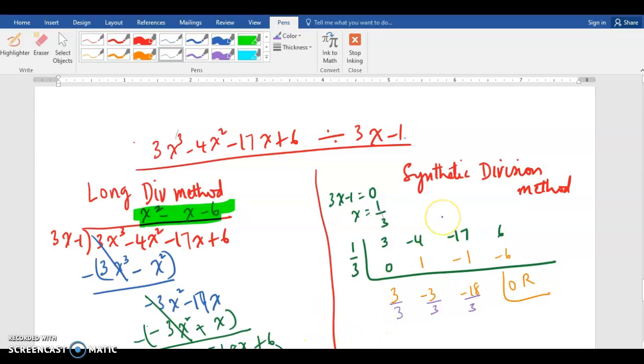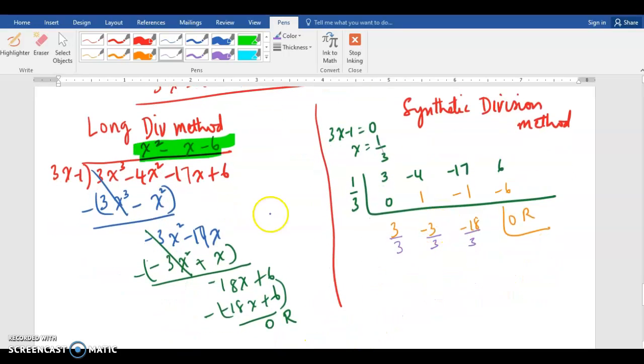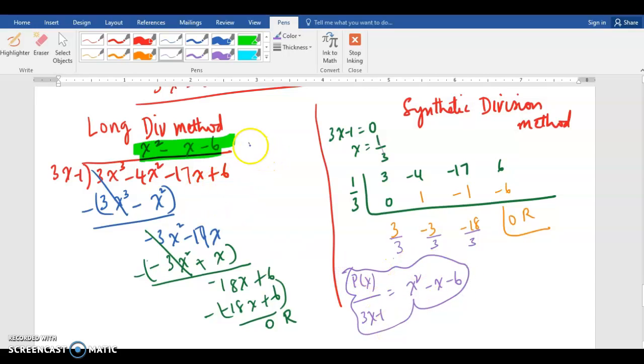The quotient of p of x divided by 3x minus 1 is x squared, because this will be 1, this will be -1, and this will be -6, isn't it? So x squared minus x minus 6. Now it is the same as what we got in the long division. You see that? So that's the only care you have to take.